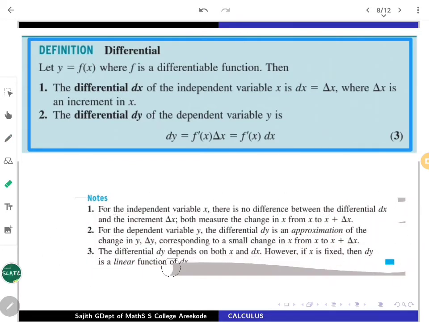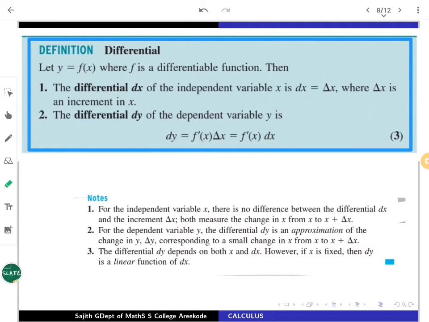Moreover, for a fixed x, dy is a linear function of dx. It behaves like a line. That is what is meaningful in the case of a linear function. So the whole idea is that the approximation of delta y is given by dy, whenever delta x is small.